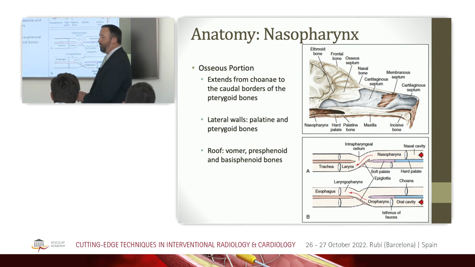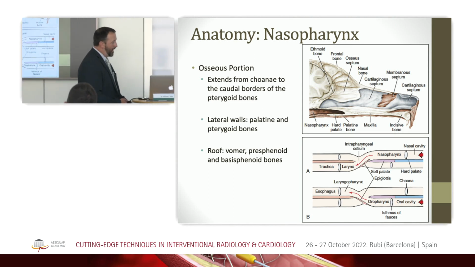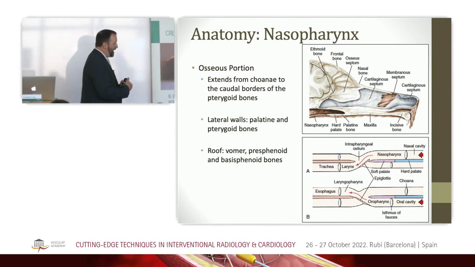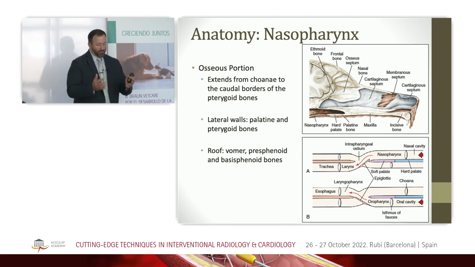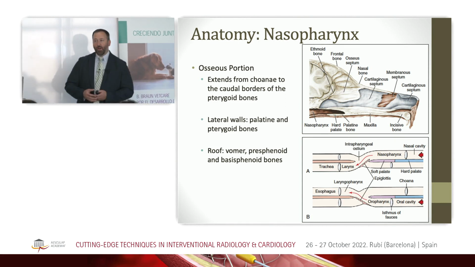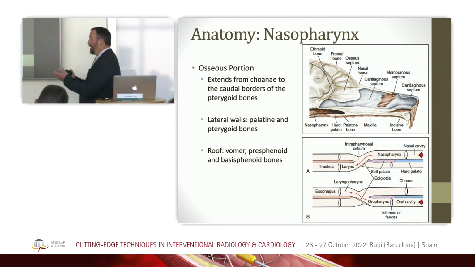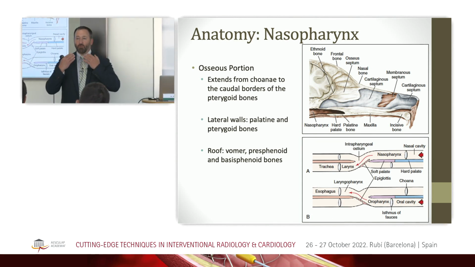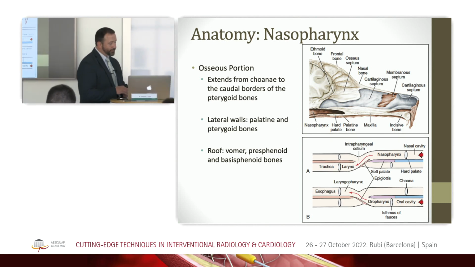But thinking about the borders of this region, you have the bones of the hard palate sitting ventrally, and then you have the nasal septum on midline, and then you have the surrounding bones of the choana. So when you think about it, the left and right nasal cavities are completely separated by a nasal septum until they get to the level of the choana, and then it becomes one cavity, one tube.